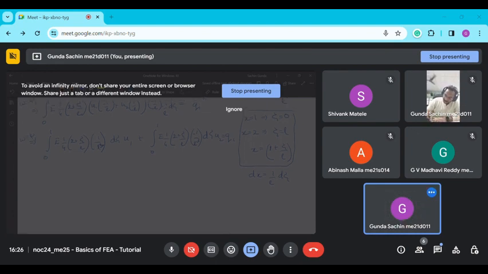So this is the corresponding equation for w is equal to psi 1, and then we will solve this.